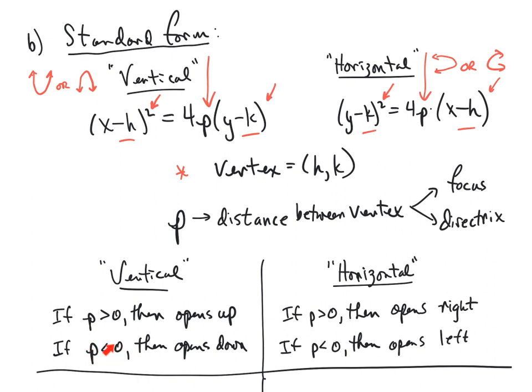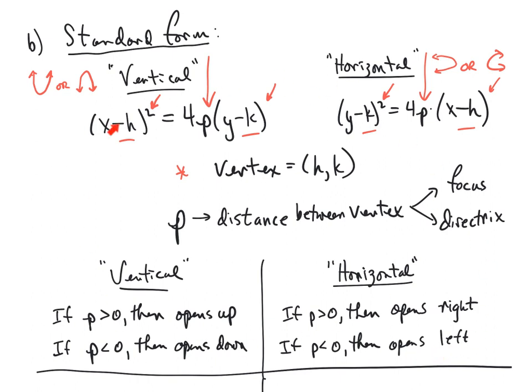If p is less than 0, negative, then we have a parabola that opens down. And for the horizontal parabolas, either opening left or right, if p is greater than 0, positive, then the parabola opens to the right. And if p is less than 0, negative, then the parabola opens to the left.